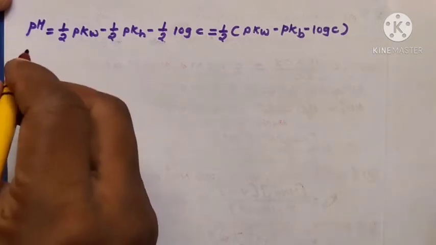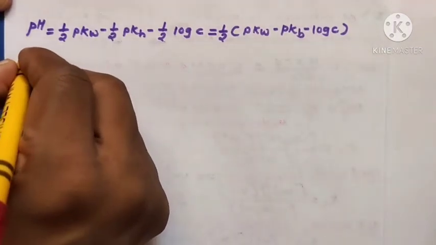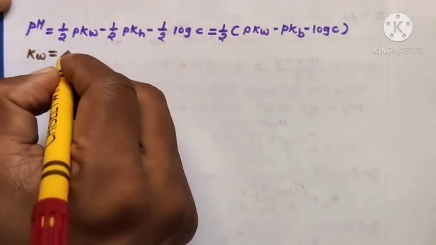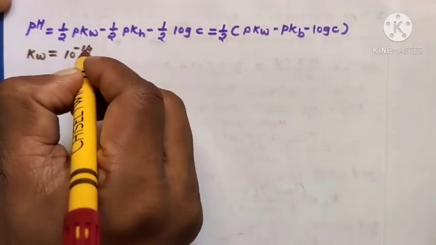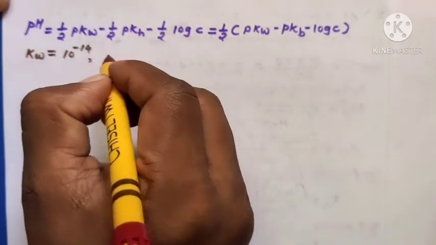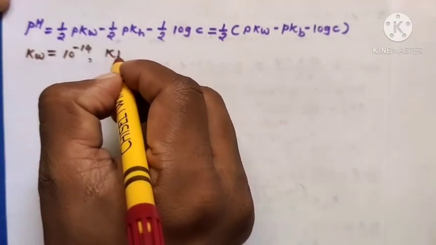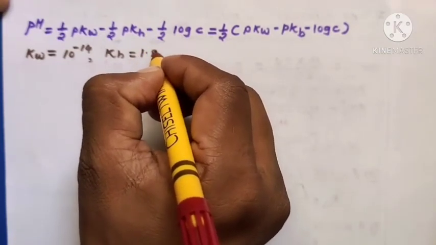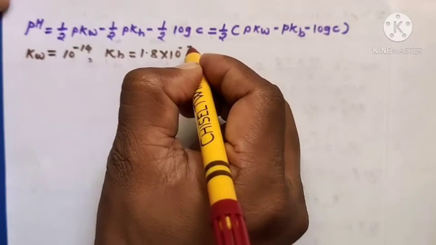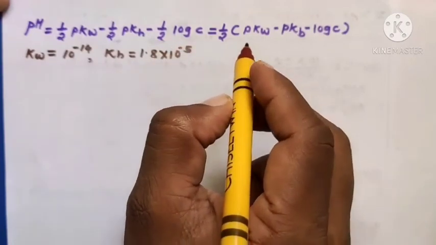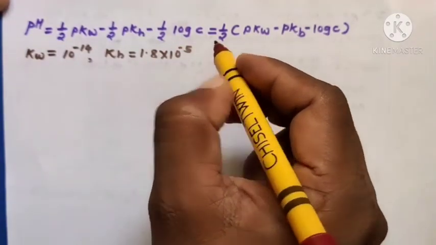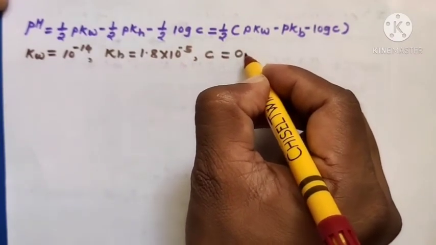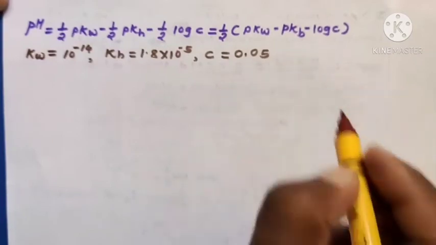In this case Kw is equal to 10 raised to minus 14, Kb is equal to 1.8 into 10 raised to minus 5, and here C is equal to 0.05.